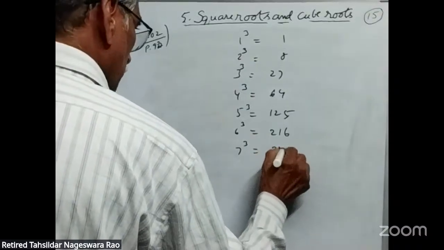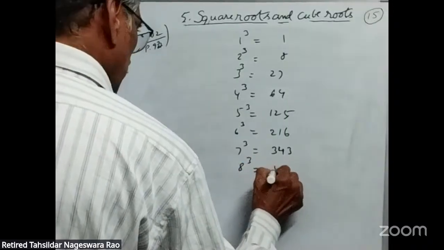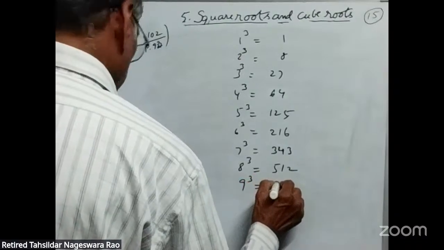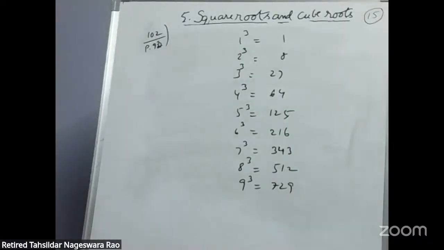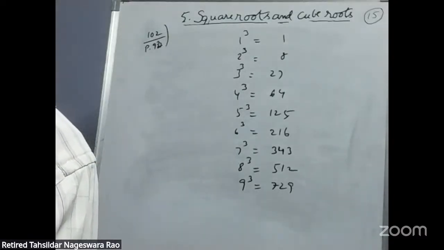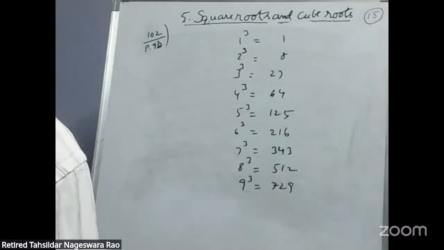Try to remember this. 8 cube is 8 into 8 into 8, 512. 9 cube is 9 into 9 into 9, 729. 10 cube, of course, is 1000. But remember this up to 9 at least.